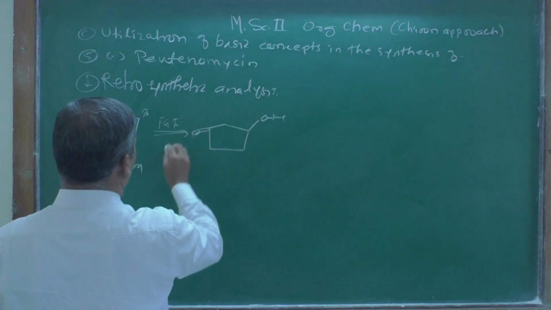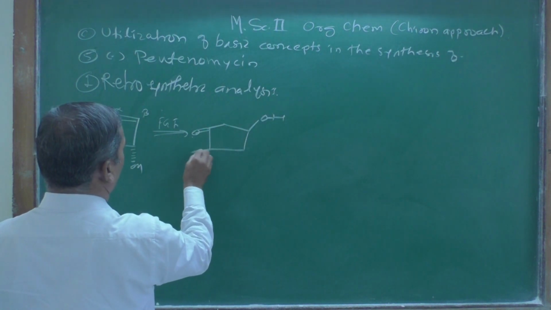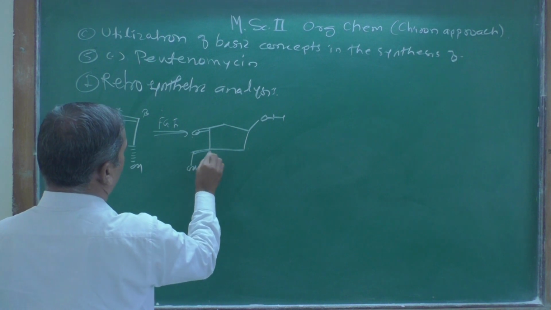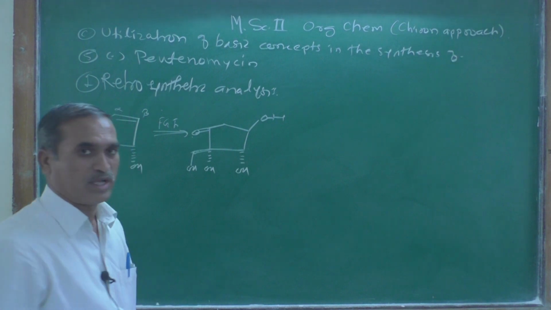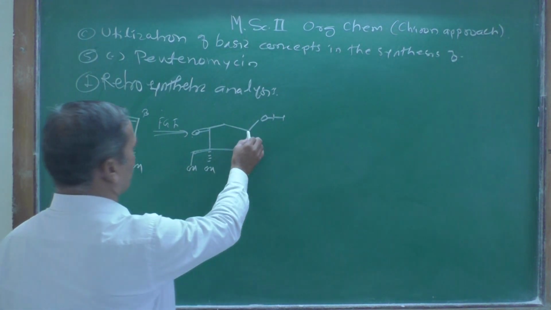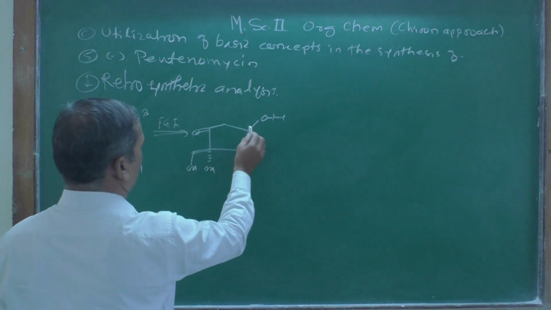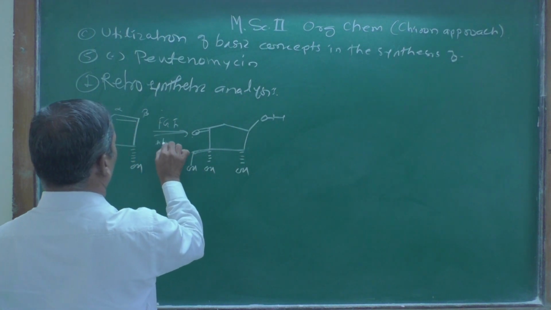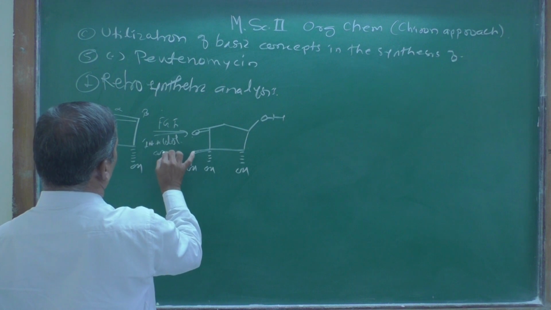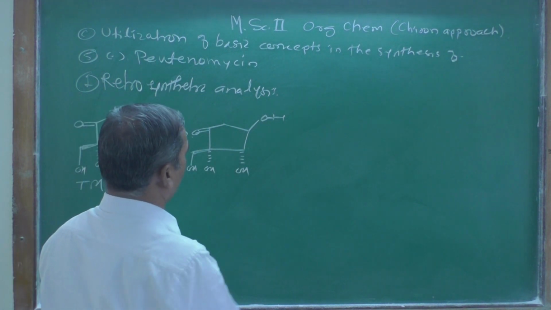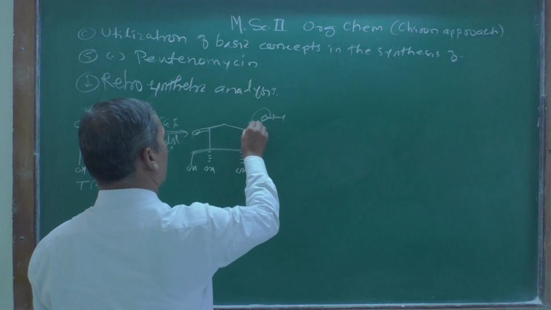This one is OH, then next one also as OH. Look, we put the beta hydroxy there because we are using an intramolecular aldol condensation approach over there, and now it is breaking like this.